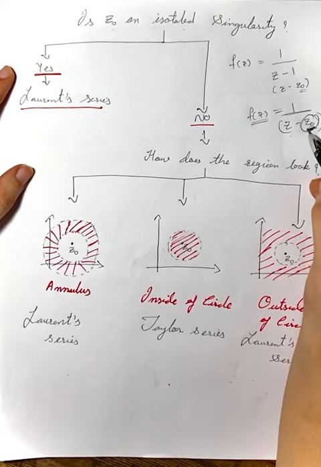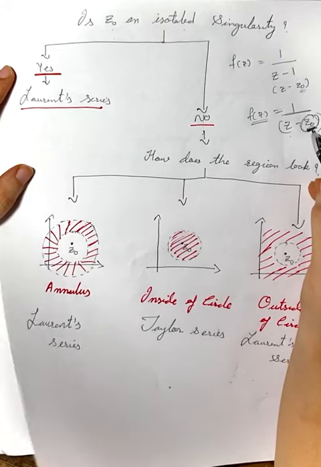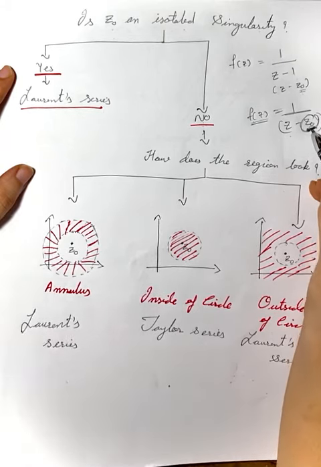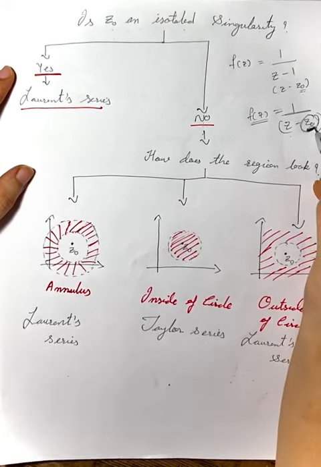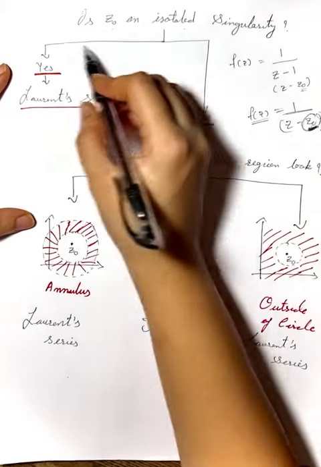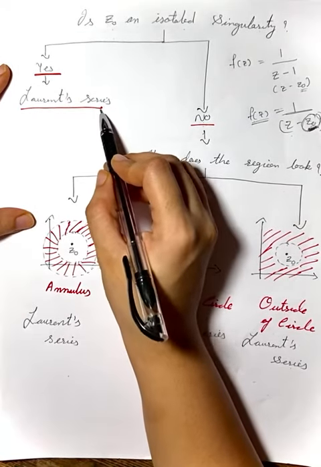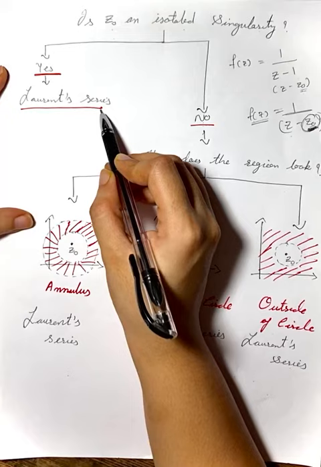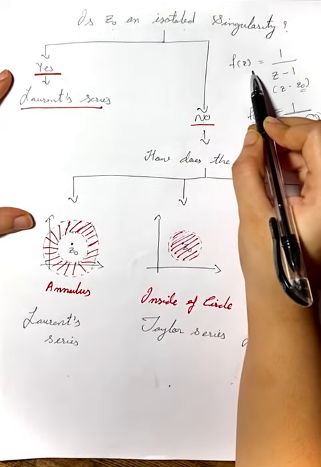Now you see whether this z0 is an isolated singularity or not. If that is an isolated singularity, then your answer is straightforward. You are going to use Laurent series for the expansion of that particular f of z.